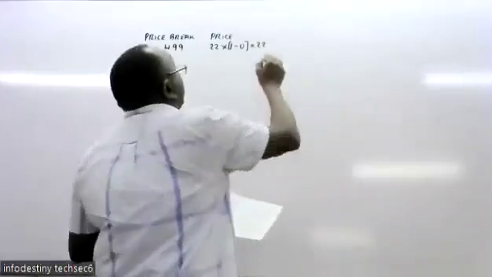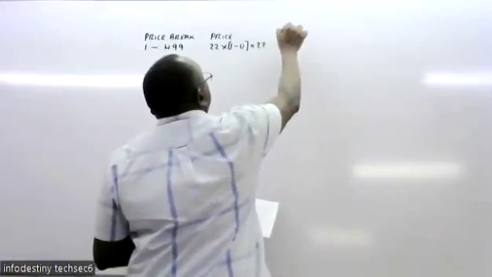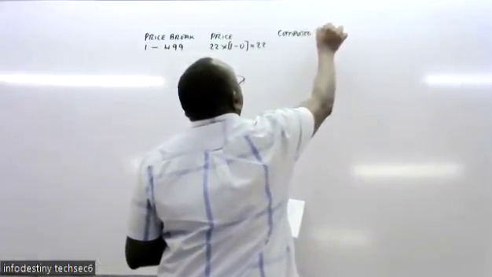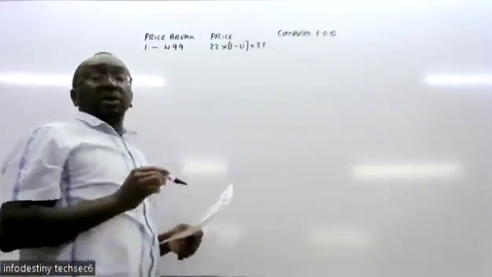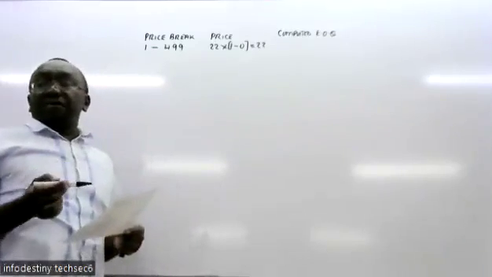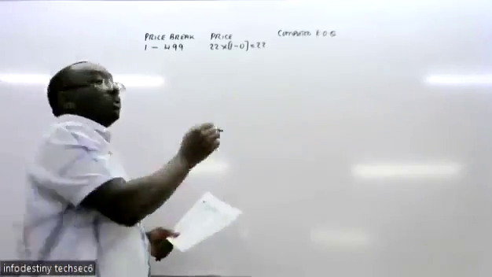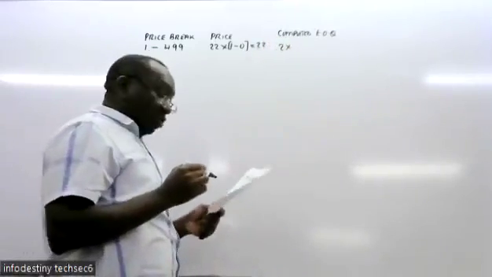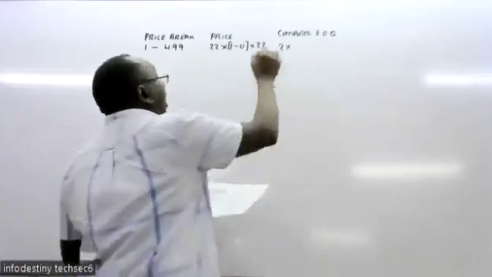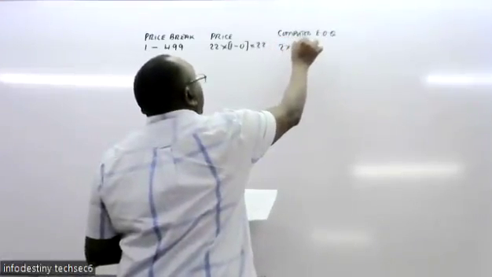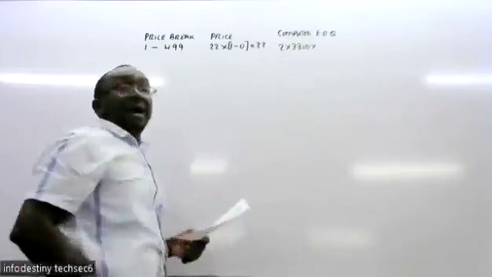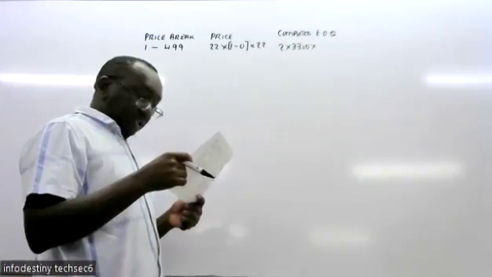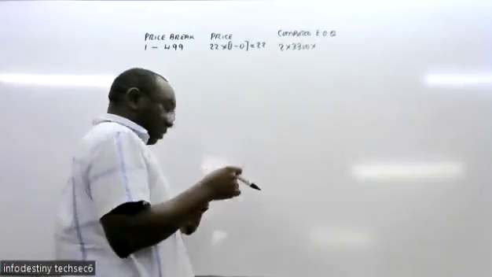The other thing that you need to do, we call it computed EOQ. We already know the formula of the EOQ. So we say it is 2 times R, the annual demand is 3,300, multiplied by S, the fixed cost per order, which is 40.